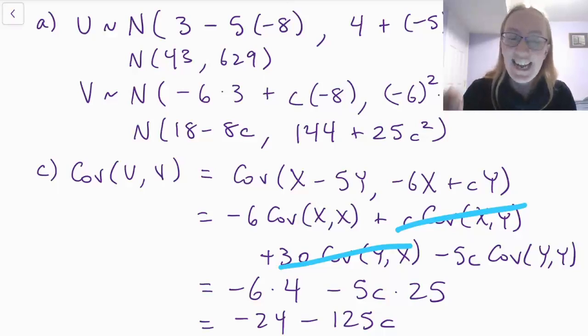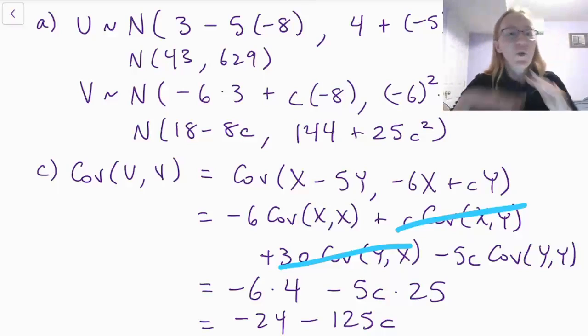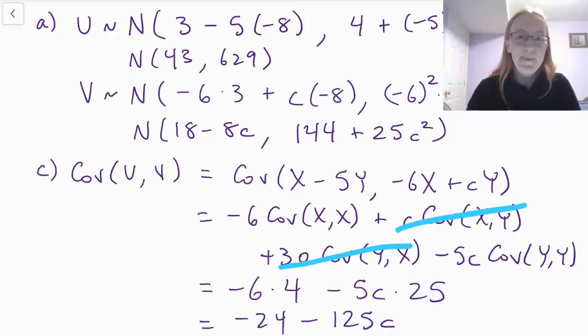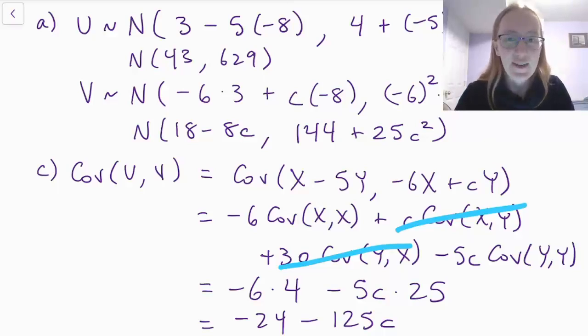But interestingly, it does not make u and v independent. It just makes them uncorrelated. Unless they were jointly normally distributed, then we could conclude independence. But just because they have 0 covariance in general does not mean they're truly independent. But that's all you would need to do. So that's how you do C.